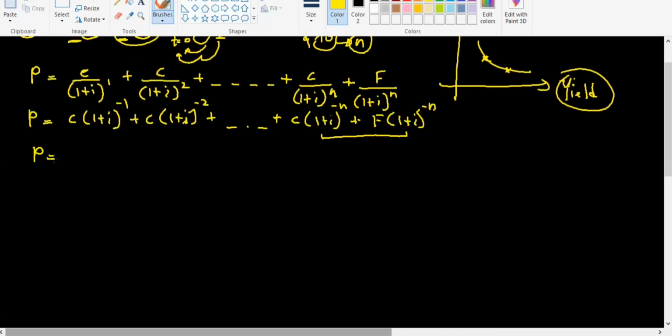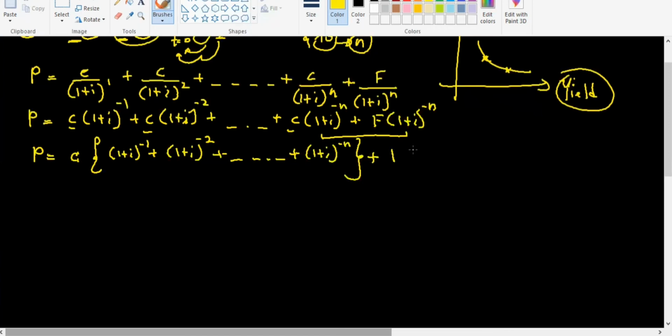I will take this coupon payment part, since this is a constant which appears until this point, so I will take this C out as a common factor, and then we are left with what? (1 plus I)^-1 plus (1 plus I)^-2 as the second payment, and until the nth payment it's (1 plus I)^-n, plus this F times (1 plus I)^-n power. So this is the formula.